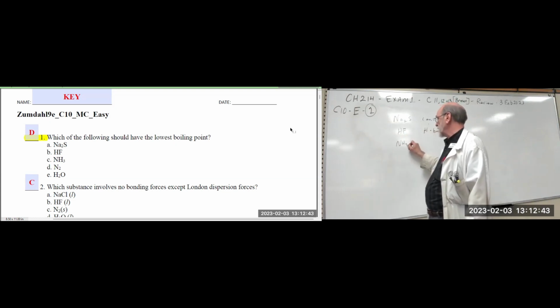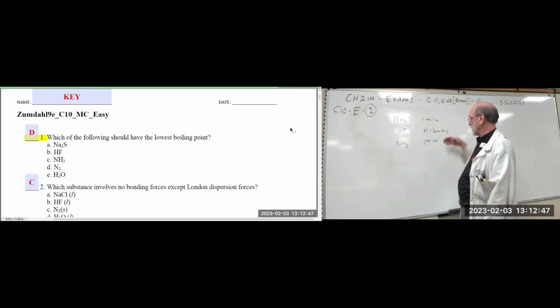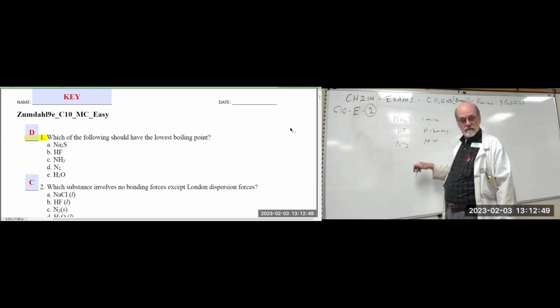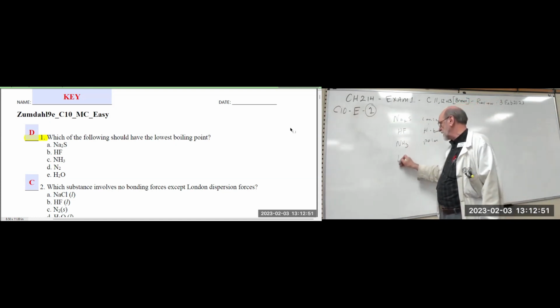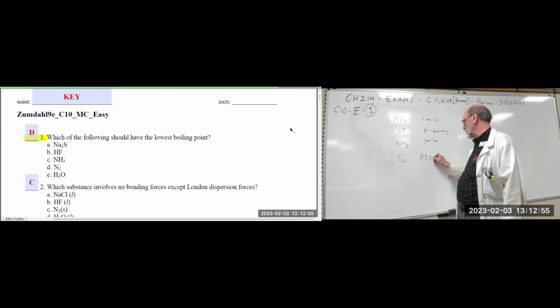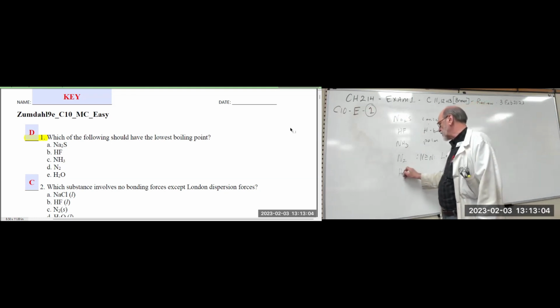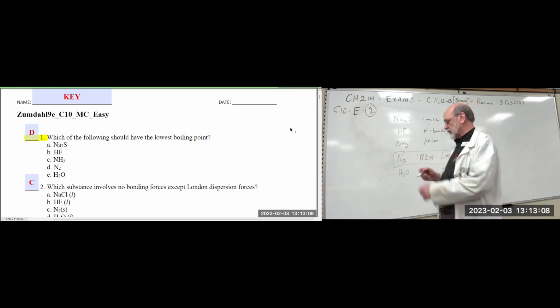Ammonia is a polar molecule, so it's lower than these, but still respectable. But N2 is a nonpolar molecule. It only has London dispersion forces available. And then water, which is another example of hydrogen bonding. So your lowest boiling point is going to be nitrogen.